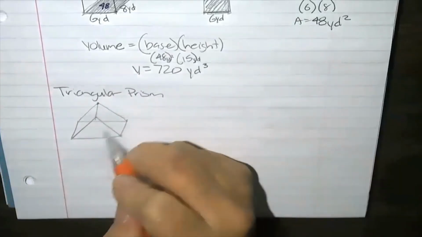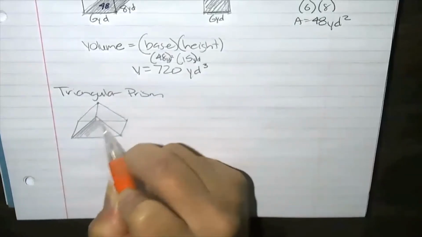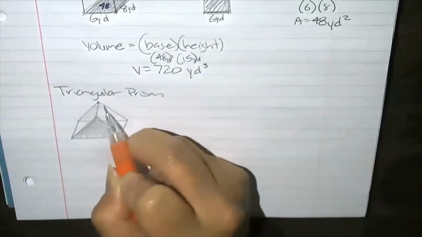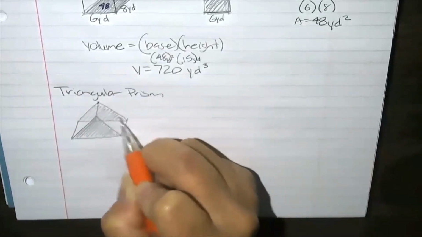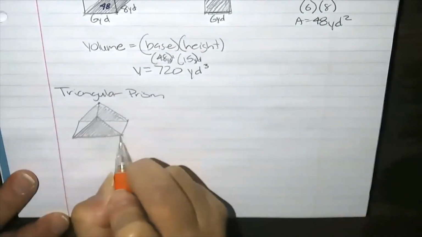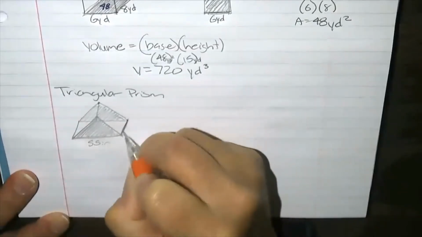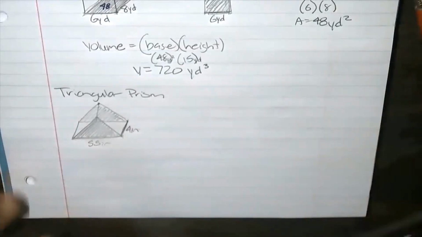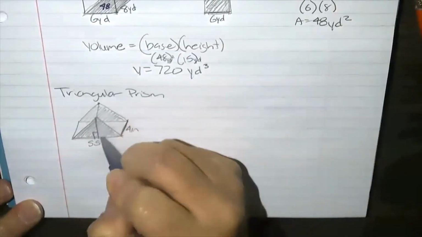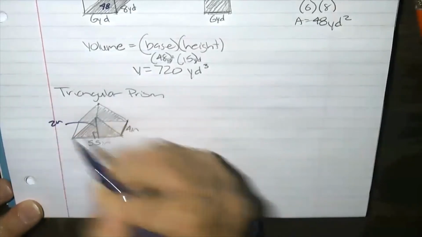Okay, so this is a triangular prism, and my base is a triangle. So I've got two bases, two congruent bases, they're triangles, and they're telling me that this is 5.5 inches, this is 4 inches, and remember a triangle always has a height that meets the base at a right angle, 2 inches.